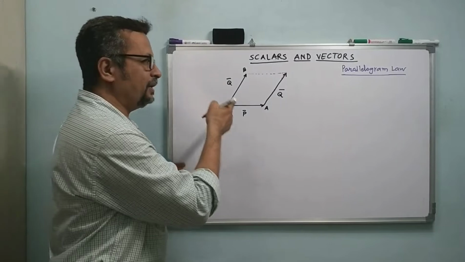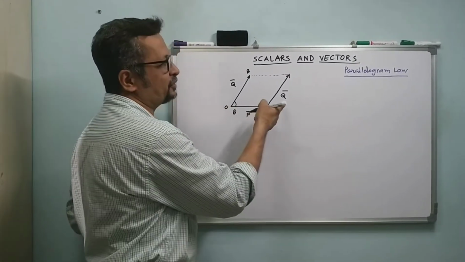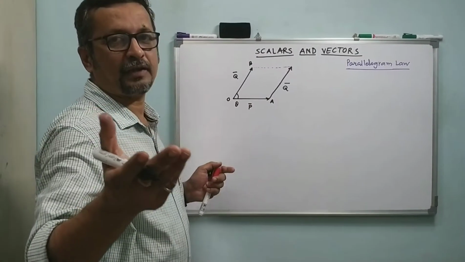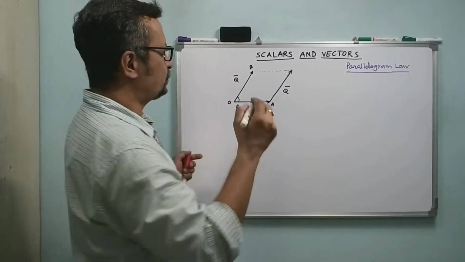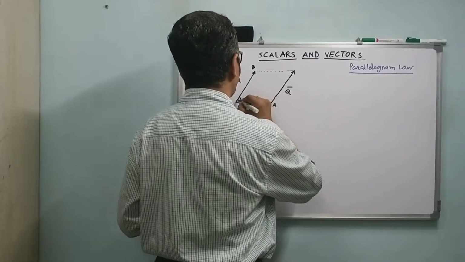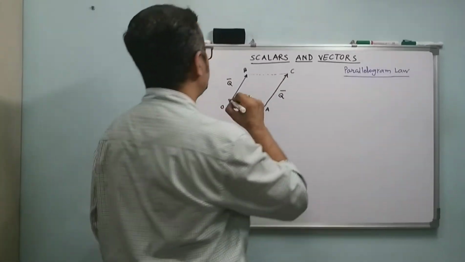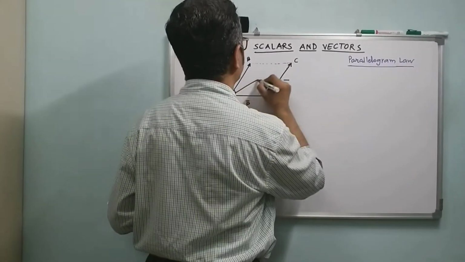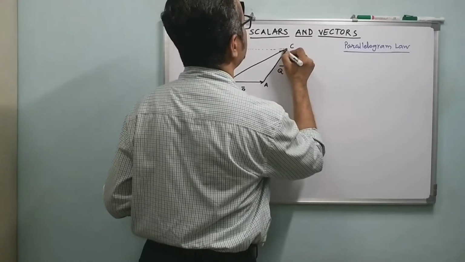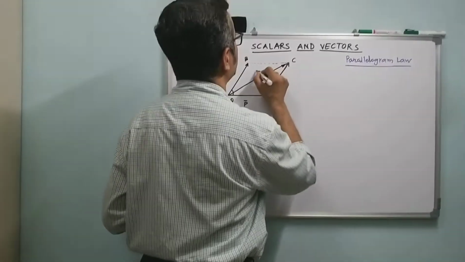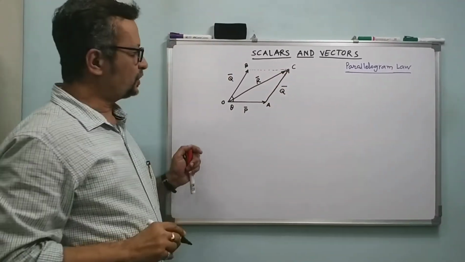Now, if my P bar is here and Q bar is here, I can apply the triangle law of vector addition, isn't it? So I just have to connect this point O with this point C. Simple, isn't it? This is my resultant, that is OC bar.